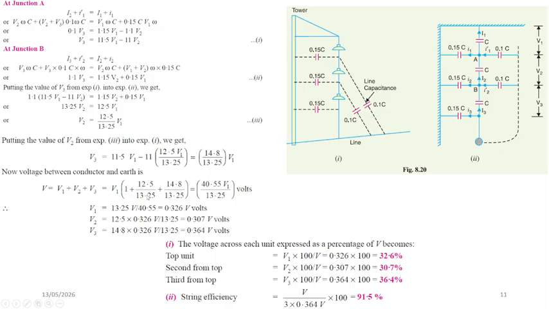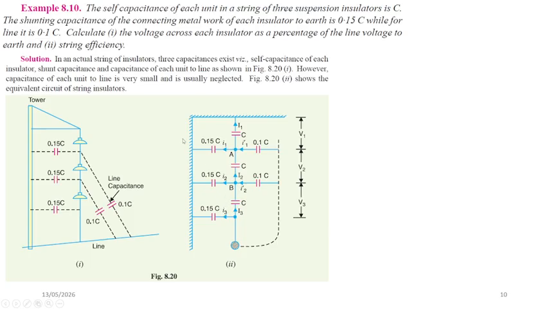So we can put all of the values here. Just we can have V based on V1. So V1 is equal to this one times V divided by 440.55. So what is V?